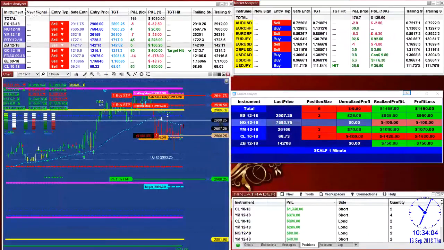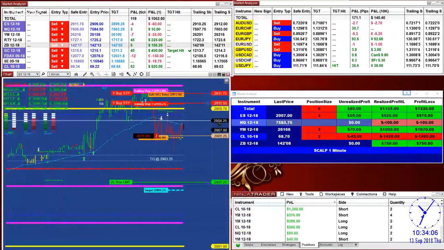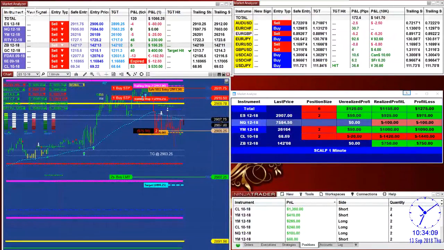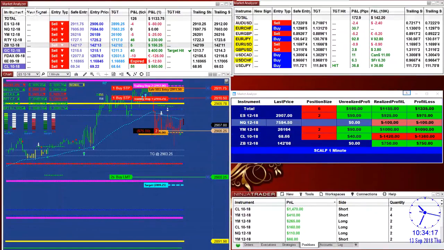Now the ES here, let's see. It's gonna drive us crazy a little bit. We're gonna be sitting patiently on the ES and trying to find anything to chew on. There is nothing to chew on at the moment.